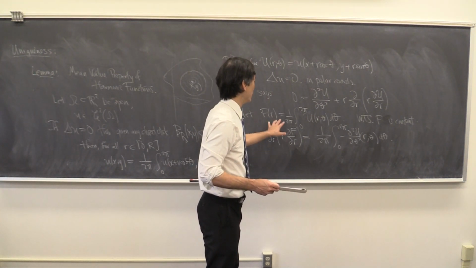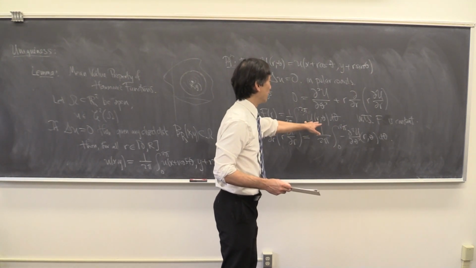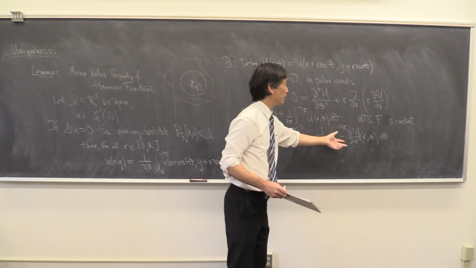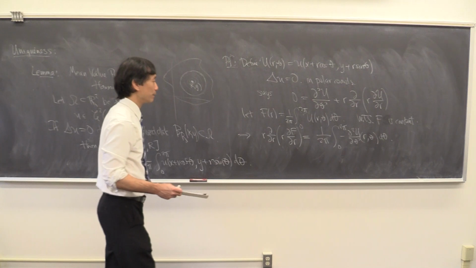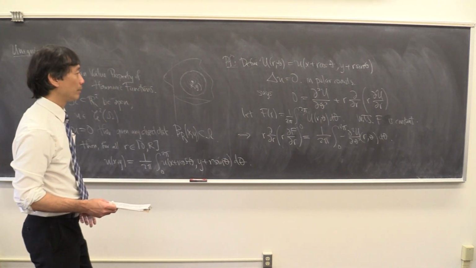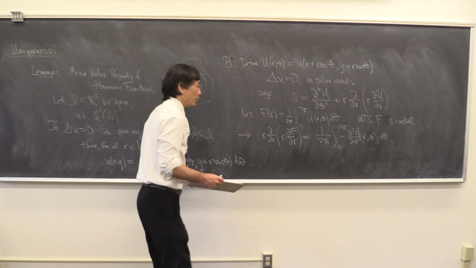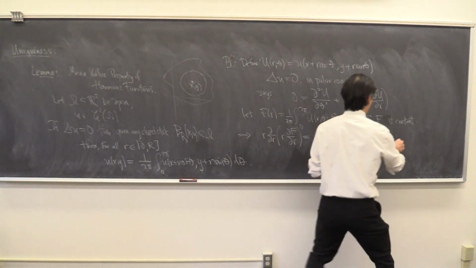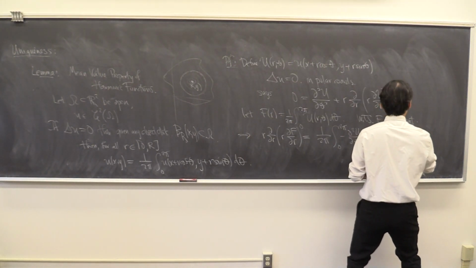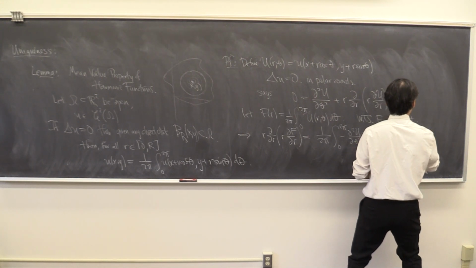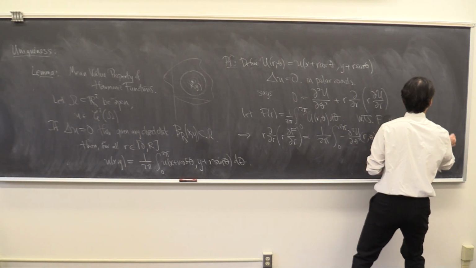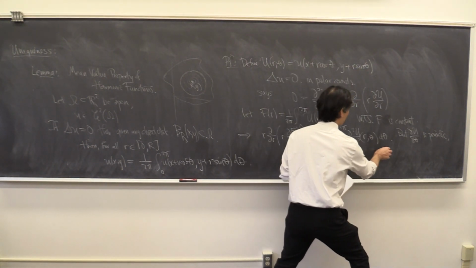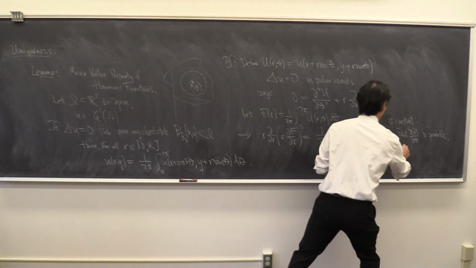Because when we do this to f, by this we just get the negative second partial with respect to theta. But dU/d theta is periodic, so this term is 0. So the right hand side is 0.